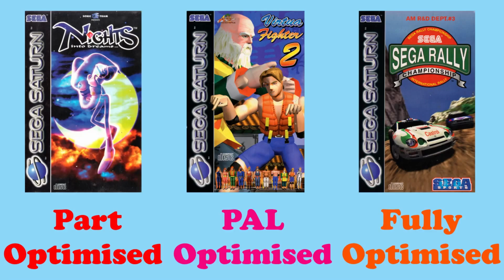So if you've got a Japanese Saturn and you're using an Action Replay, or you've got a region switcher mod, you want to know which PAL games you want to import. If you decide, well, I'd quite like to play this PAL game because it wasn't released in Japan, perhaps, or maybe you want the English version of an RPG and you don't want to play through the Japanese version, which is fair enough.